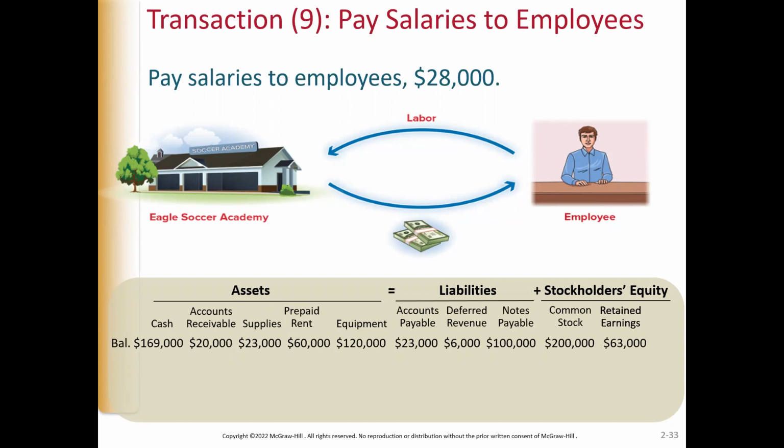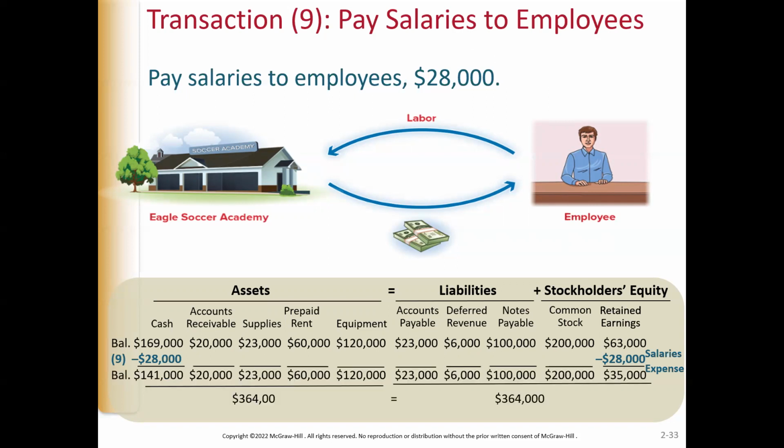So cash decreases because we're paying salaries. You're right. Depending how we pay them, if we haven't paid it yet, then it increases a liability. But in this case, let's assume we pay salaries to employees with cash. So cash goes down 28,000. And also our stockholders' equity is going to go down 28,000 because an expense reduces stockholders' equity.